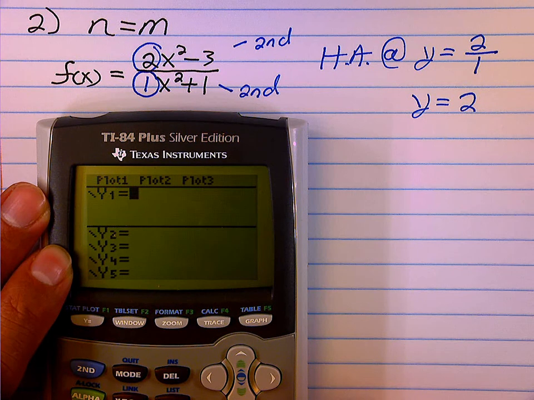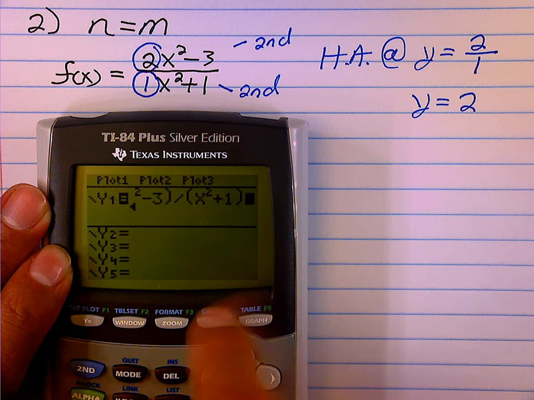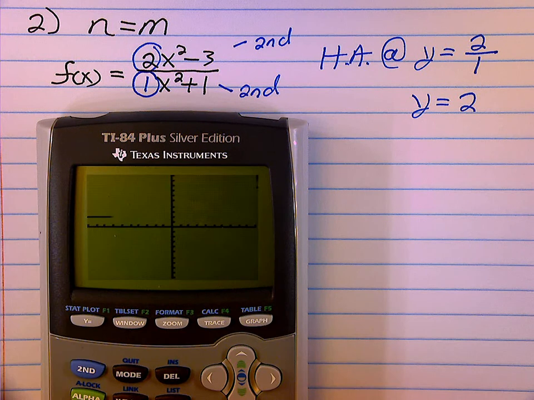Okay, I'm going to go ahead and graph this rational function. 2x squared minus 3 quantity divided by the quantity x squared plus 1. And what I had predicted was, when I hit graph, oh, let me put my axis back on from last time, that I'm expecting a horizontal asymptote at y equals 2.